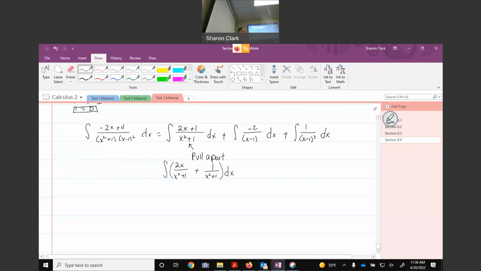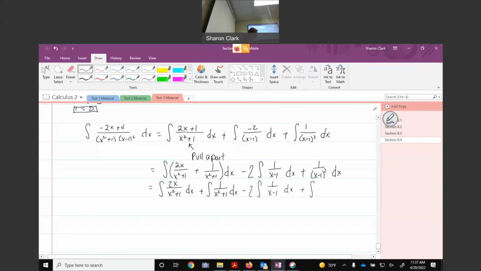If they're added or subtracted in the top, you can break them apart. Minus 2 integral 1 over x minus 1 dx plus 1 over (x minus 1) squared dx. So break it apart.